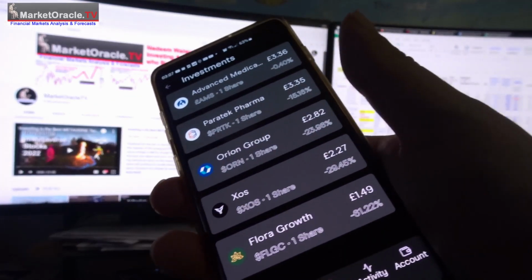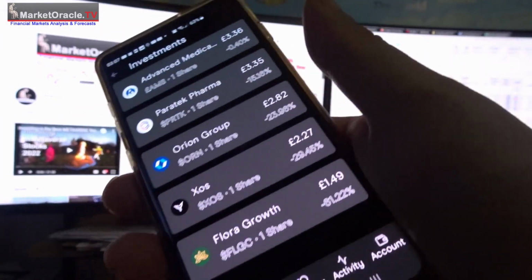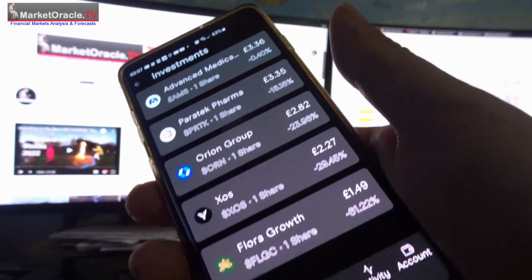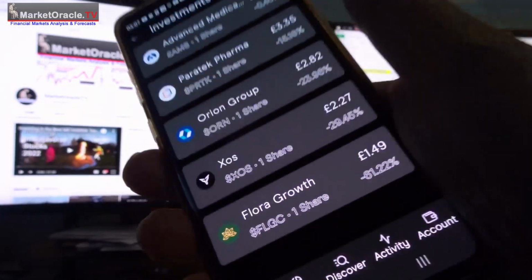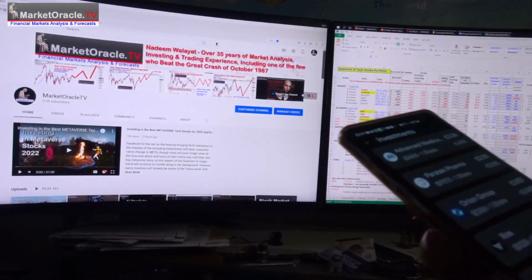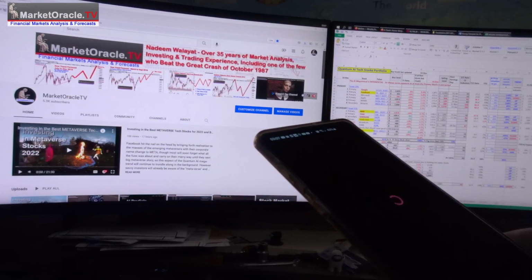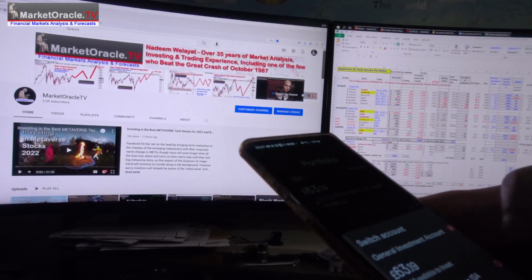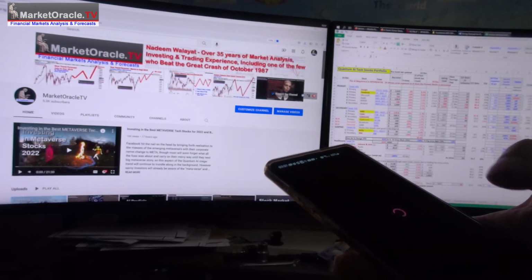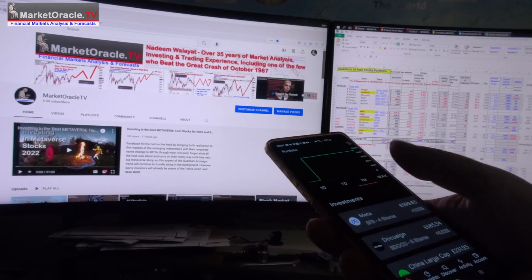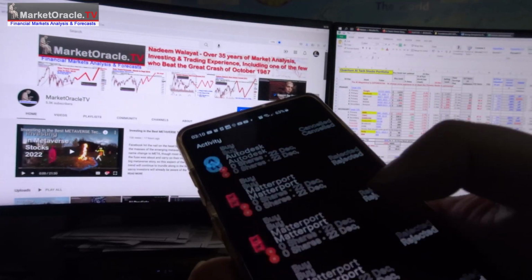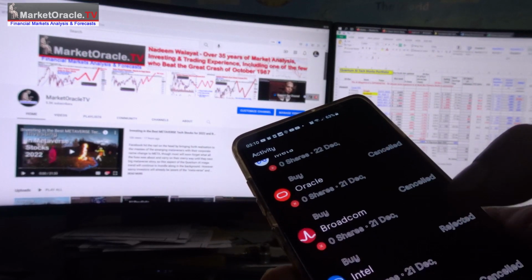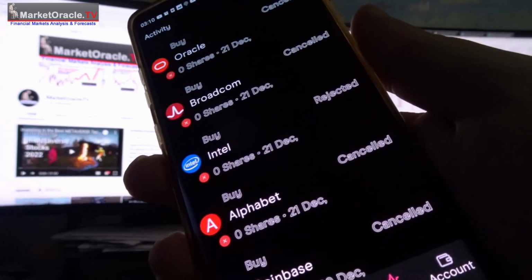Are there better platforms than Freetrade? Well, there are a lot of platforms out there, and one of the positives with Freetrade is that they've got an ISA. You can do an ISA, because a lot of the others that many YouTubers pump don't have an ISA. So what kind of insanity results in the rejection of orders such as Intel?